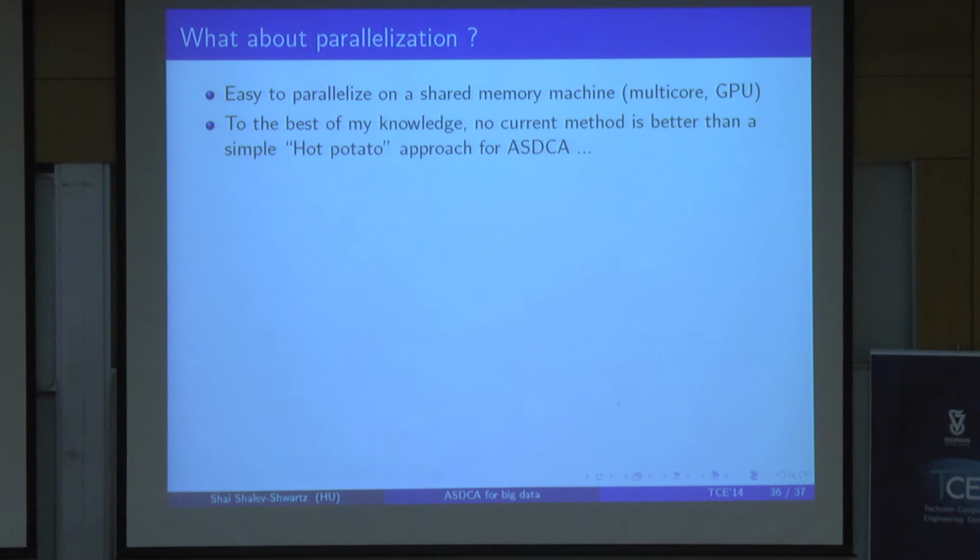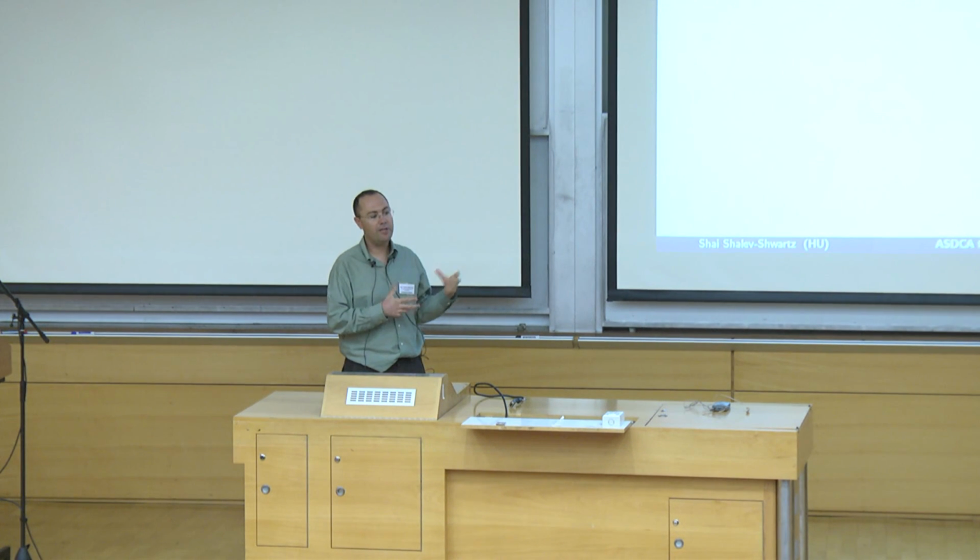Okay, so this workshop is about big data. And I presented an algorithm for big data, but not very big data. Because here I assume that the data that you work on can fit into the memory of one machine. But what about data that cannot fit into the memory of one machine?